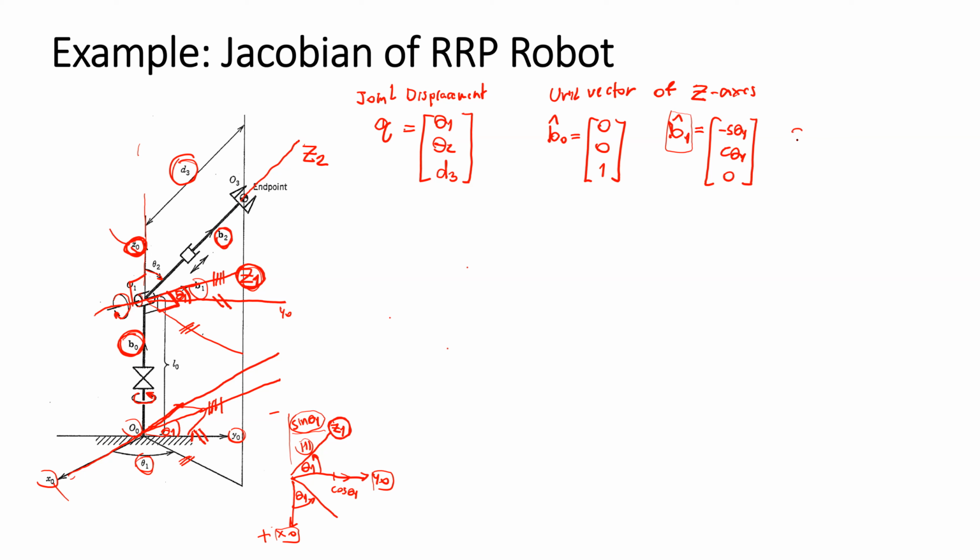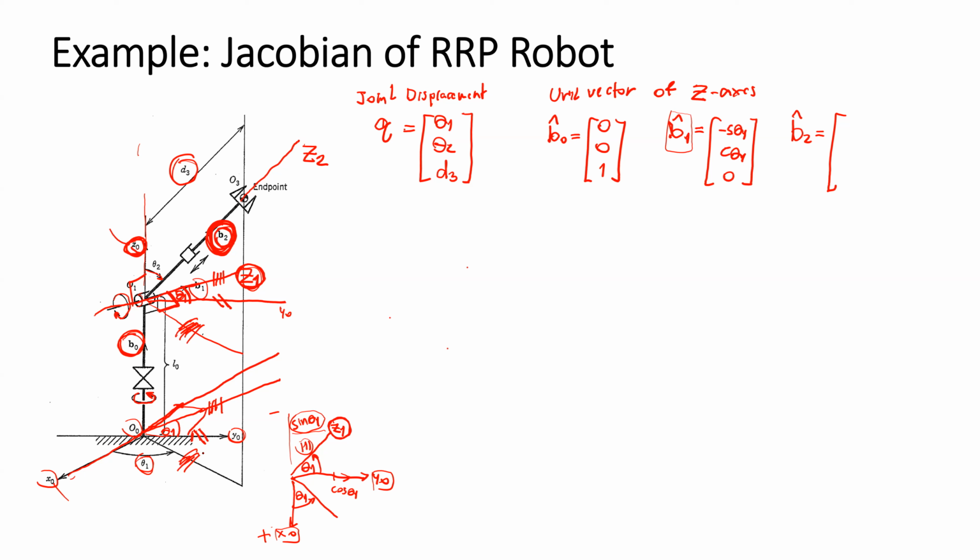How about the unit vector b2? If we see the projection of b2 on the horizontal plane, we will get this one and this one.